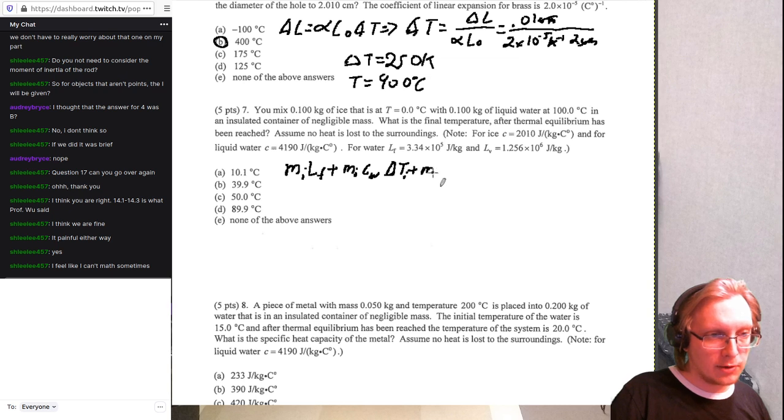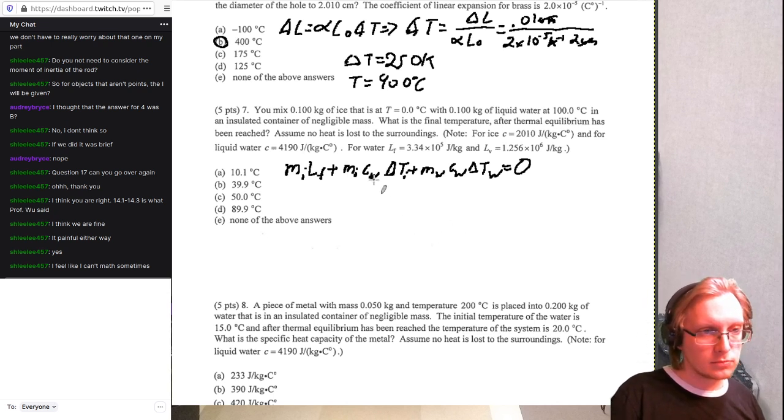And while we're at it, we're going to cool down some water with a certain specific heat, with a certain change in temperature. And no heat is going to leave the system. As it turns out, mass of the ice is equal to mass of the water. Cancel that out.